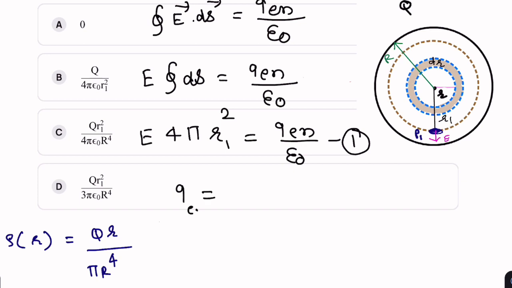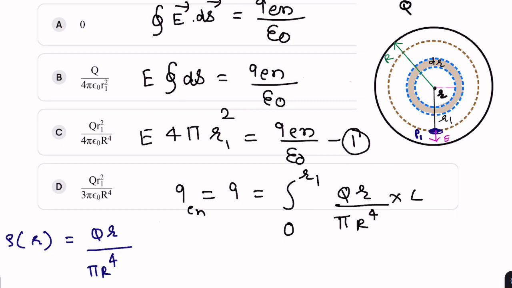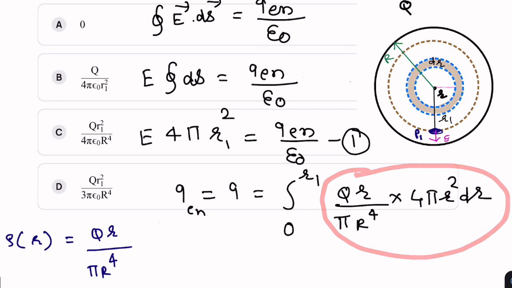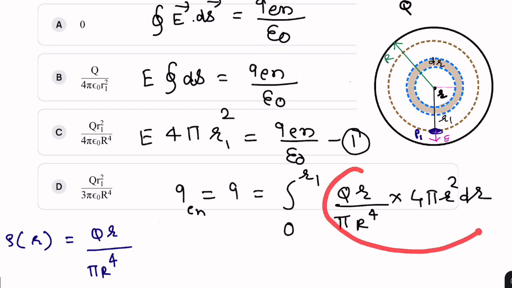Q enclosed is nothing but q, the integration from 0 to r1. Charge is the product of volume charge density into volume. Volume charge density is Q r by pi R raised to power 4, and volume is 4 pi r square dr. This amount of charge is present up to the radius small r from the center, but for calculating the total charge enclosed by the Gaussian sphere, integrate the above equation from limit 0 to r1.